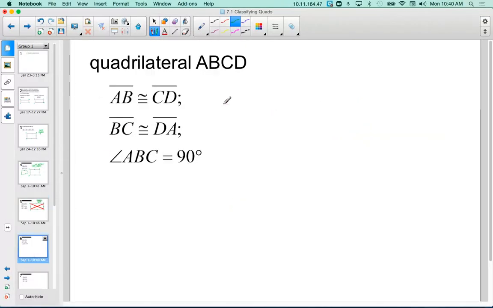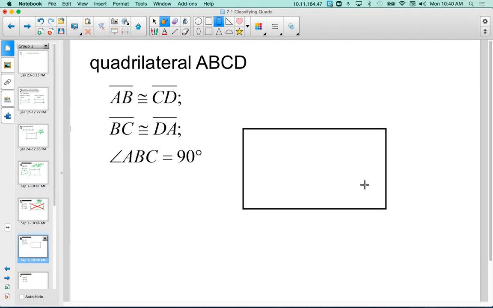Number 6, or slide number 6. Let's see, let's put my rectangle out here. Label our vertices A, B, C, D. Let's mark the things we know here. AB is congruent to CD. BC is congruent to DA.